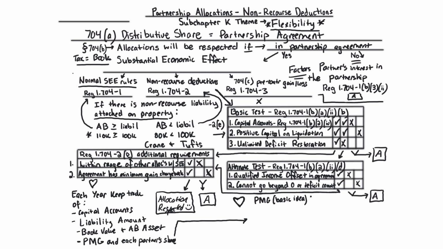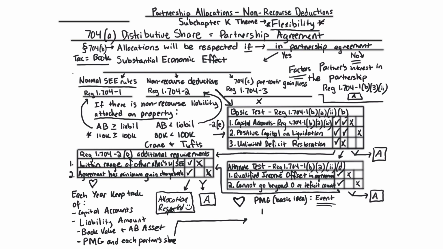So if there's a triggering event where the PMG goes down in amount, and the most common one is when the property that the PMG relates to, the property where the non-recourse liability is used and secured, is sold or disposed of. If there's an event where PMG decreases, then the partnership has to record an amount of partnership minimum gain, also called Tufts gain.